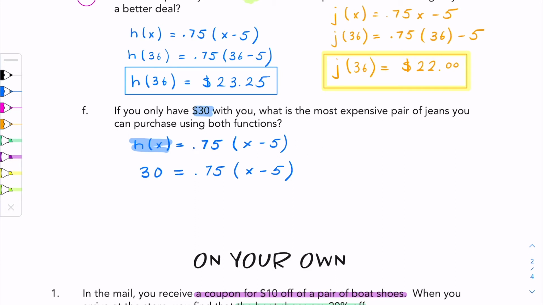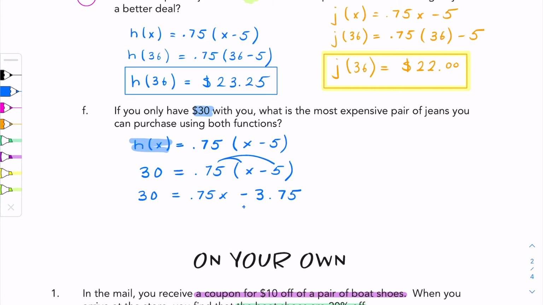All right, I need to solve for x. What I'm going to do here is distribute the value of 0.75. This gives me 30 is equal to 0.75 times x, and 0.75 times 5 is minus 3.75.